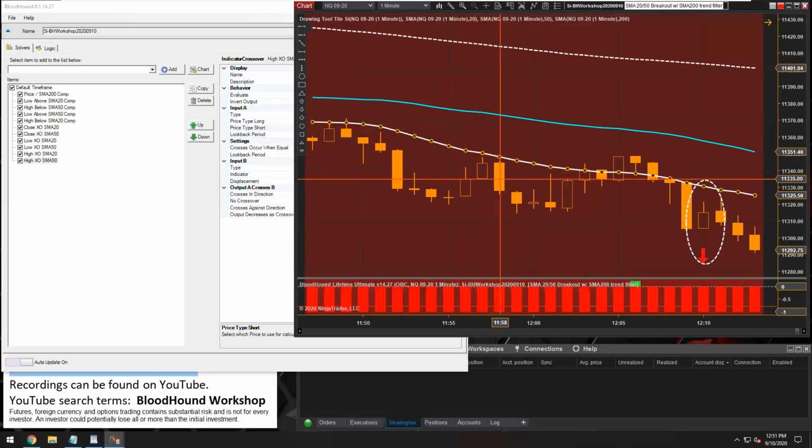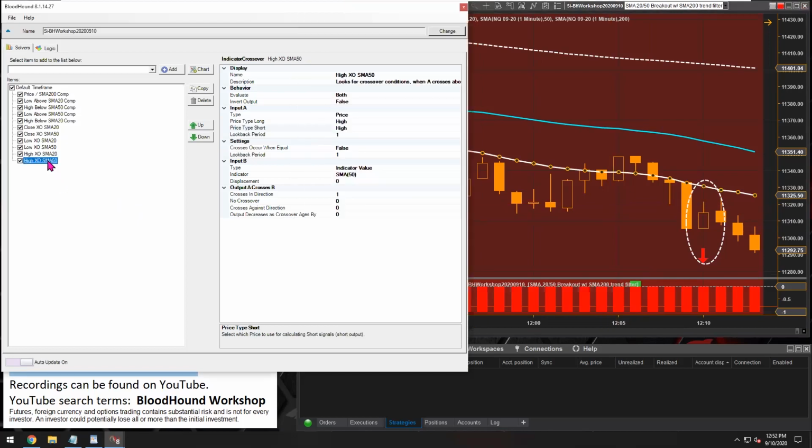So this could happen where the 50 is below the 20 and we get price crossing down, right? So that's why we need crossover solvers looking at both the 20 and the 50 to cover both situations.